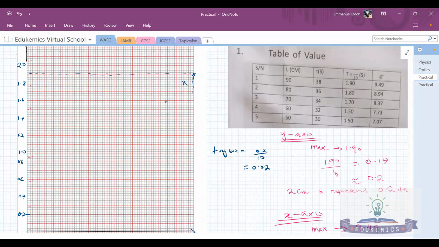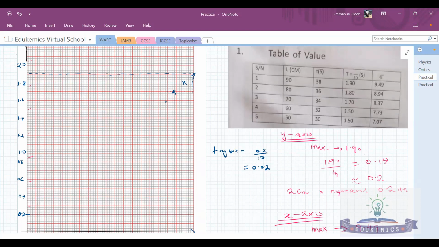This is 9. This is 8. So 8.3, and 37 is almost at 4. So we'll mark it here. Mark it there. Then we move to the next.